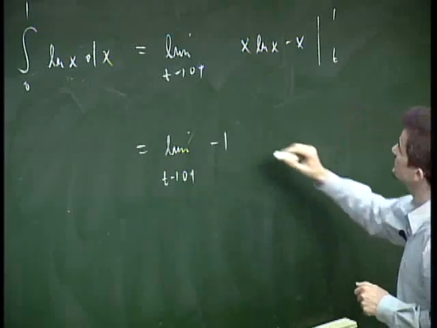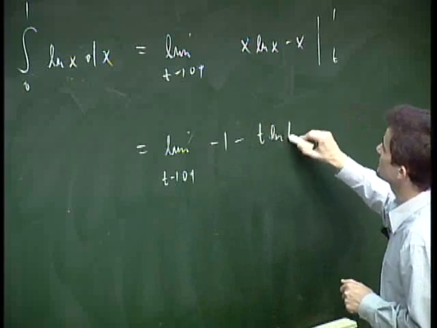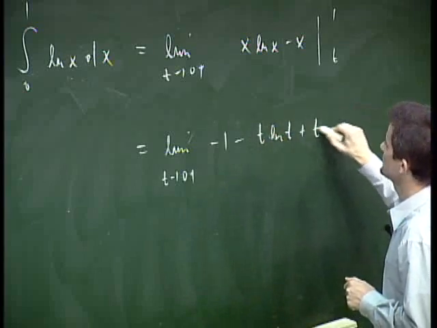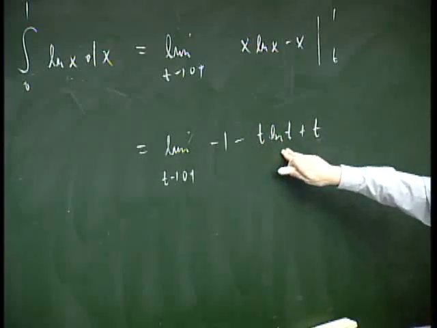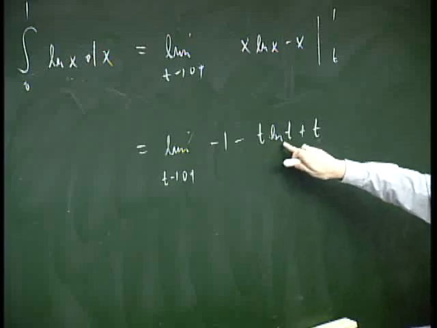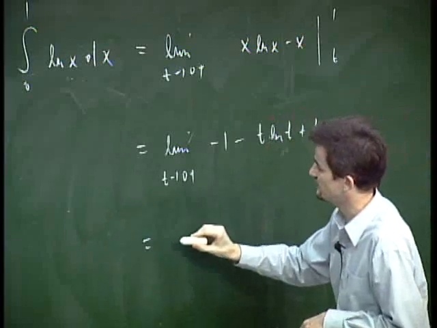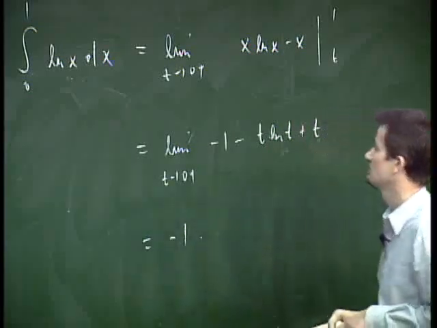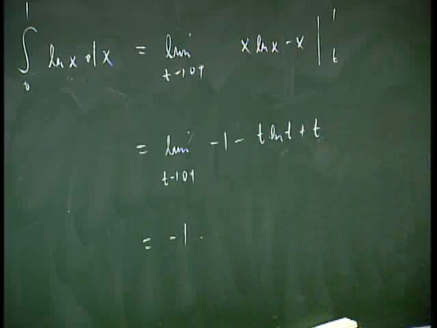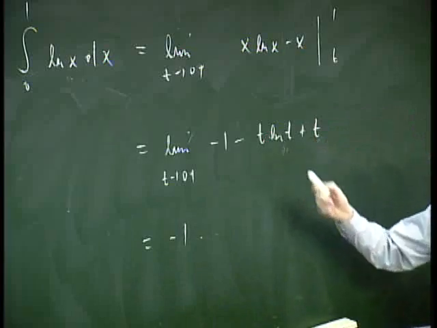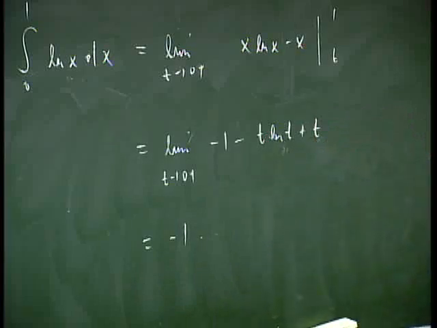And for the lower limit, we have minus t ln t plus t. Now this will tend to 0, because the speed here is fast enough. So what we get is minus 1. For this part, you have to use L'Hopital's rule in order to check it. Okay, so any questions on this?